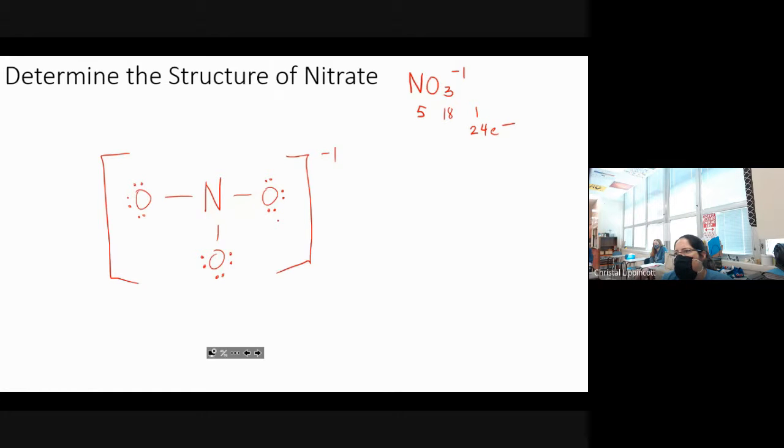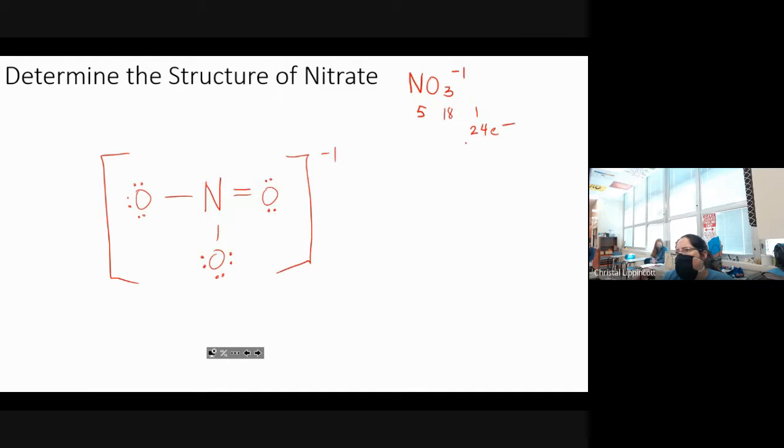Okay, so if I take 2 of these electrons and bring them in, then nitrogen has an octet, this oxygen has an octet, this oxygen does, and this oxygen does.